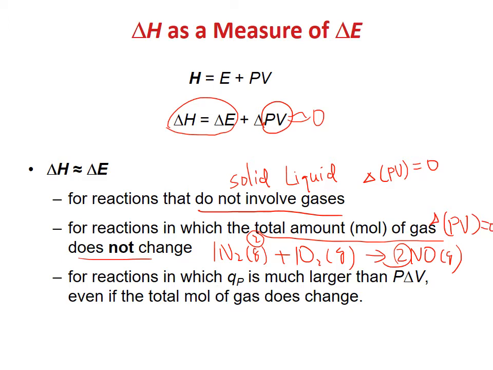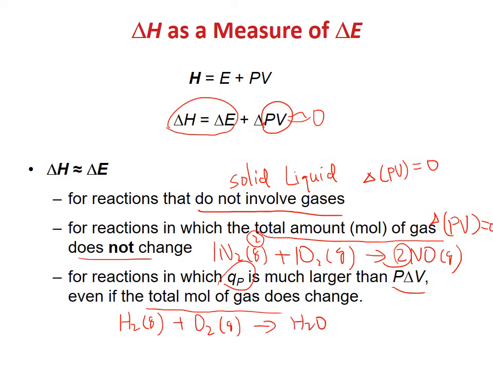Now for some reactions which involve gases, the total moles of gas changes. However, the QP may not be much larger than P delta V. One example is hydrogen plus oxygen forms water.